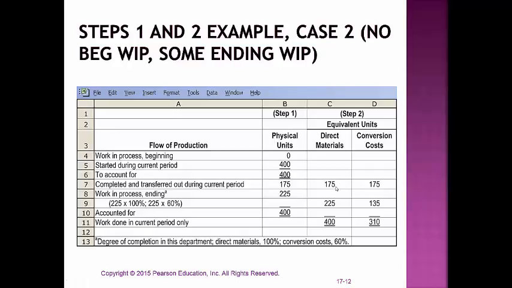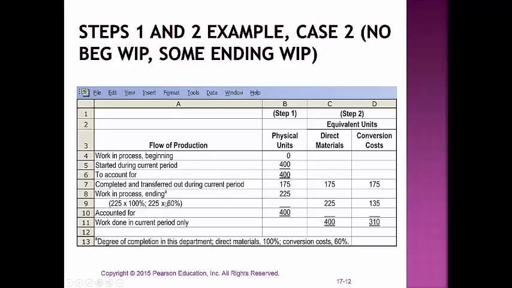Also, in regards to the fact that they were 100% completed, they also got 100% of their conversion cost applied to them, and that's how they got converted 100%. Therefore, 175 times 100% equals 175 as to conversion cost.